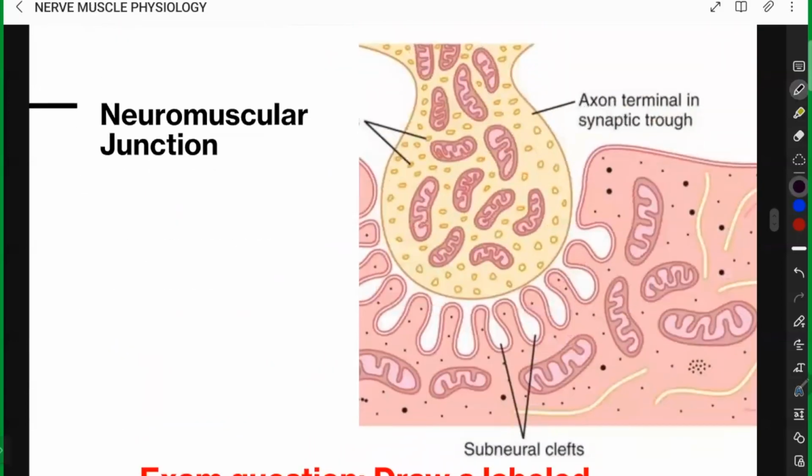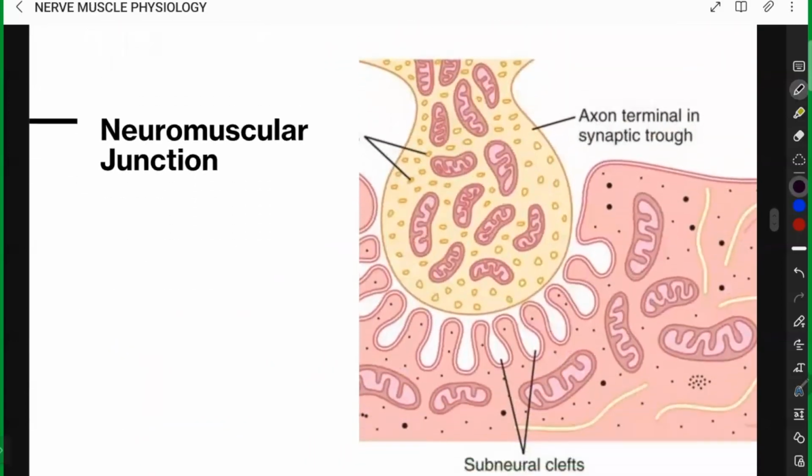Now, moving on towards the neuromuscular junction, another important part, guys. At this point I'd like to remind you that for MCQs, this neuromuscular junction is a very important exam question. I need everyone to concentrate.